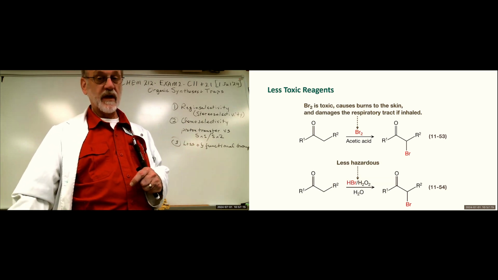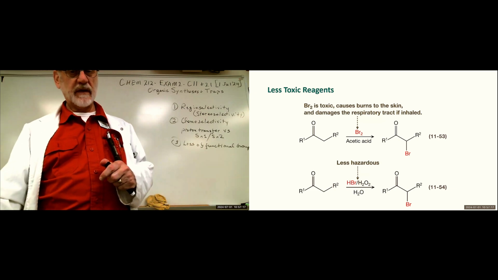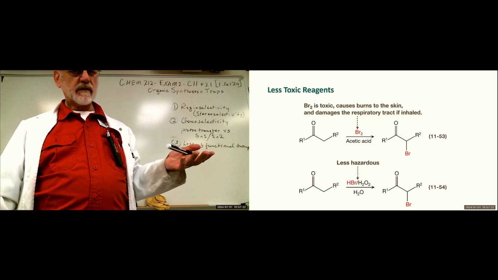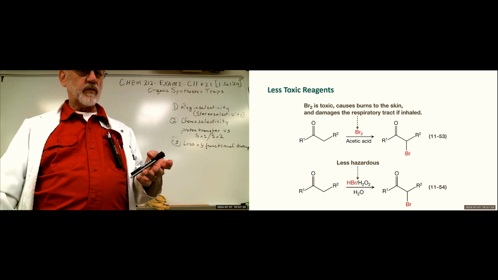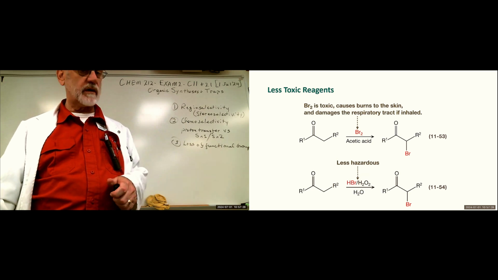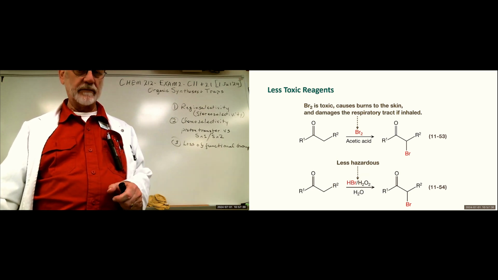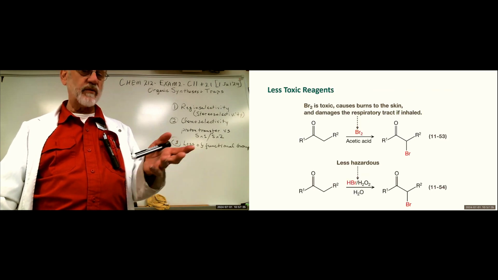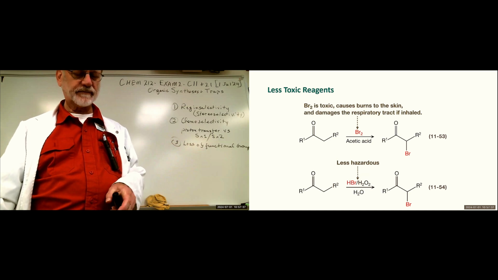But it's less hazardous. Bromine is hazardous. Now, at room temperature, bromine is a liquid, so I wouldn't think that volatility would be a problem, but perhaps they're not showing us that you have to heat it to make it work, which would volatilize the bromine. And it doesn't say how concentrated the hydrobromic acid is either.